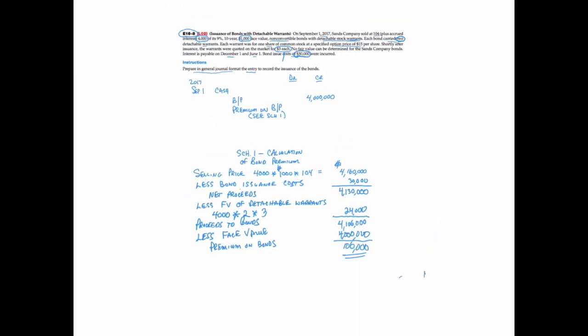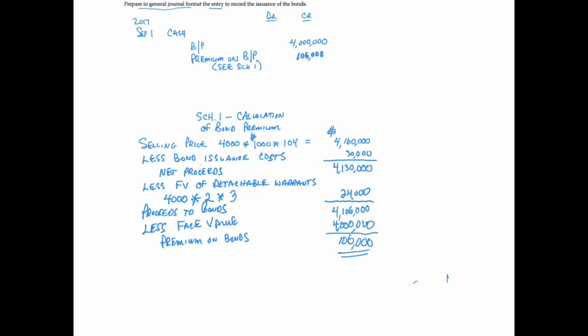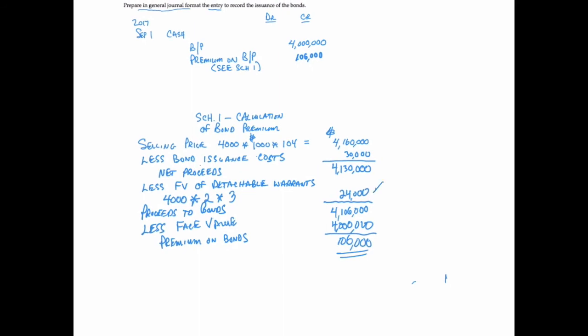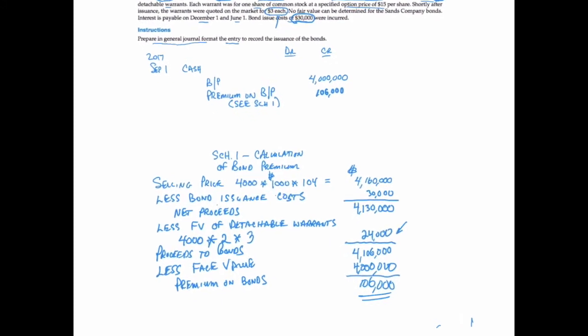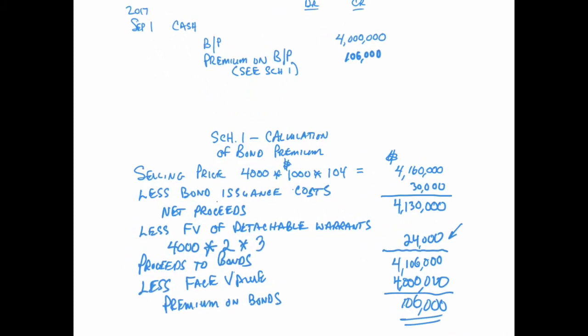So we're going to take this premium and put it up here, 106,000. We're also going to have the 24,000 for the detachable warrants, and we're going to call that paid-in capital warrants, 24,000.